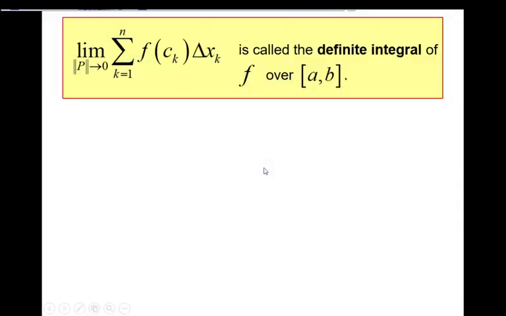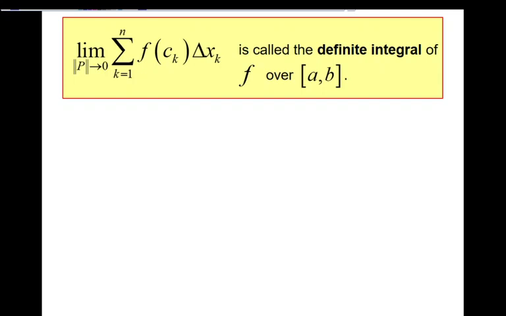So this is what we call the definite integral of f over the partition a to b, or the distance from a to b. Now this right here, this is kind of how Newton had set up his definite integrals.